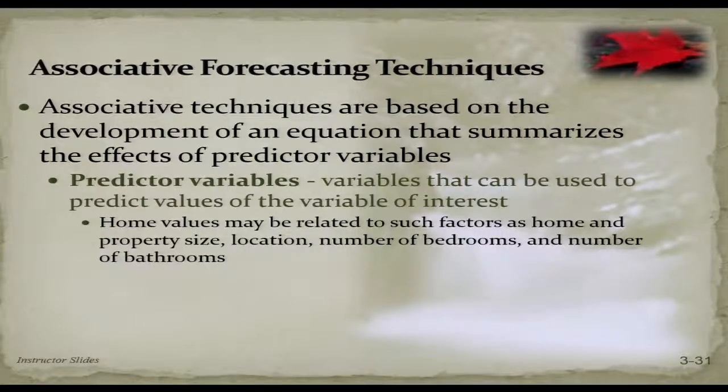So that's four variables: x1 is size, x2 is location, x3 is number of bedrooms, x4 is number of bathrooms, and the variable you are interested in is the housing price or value. You can add these factors into this equation.